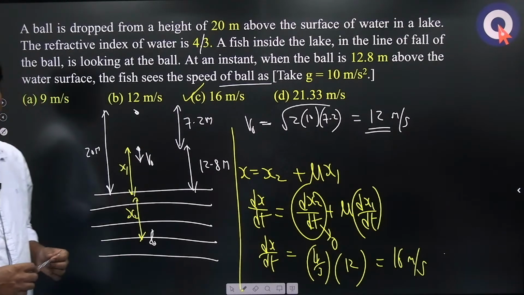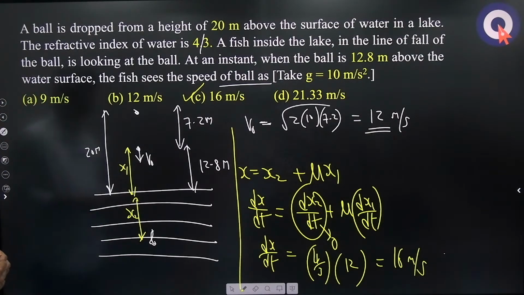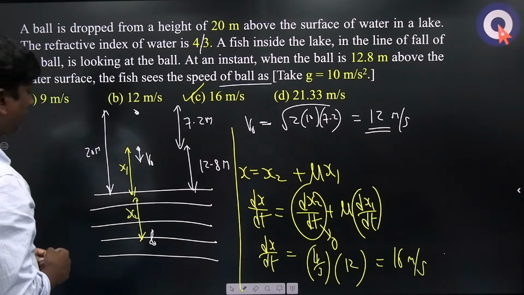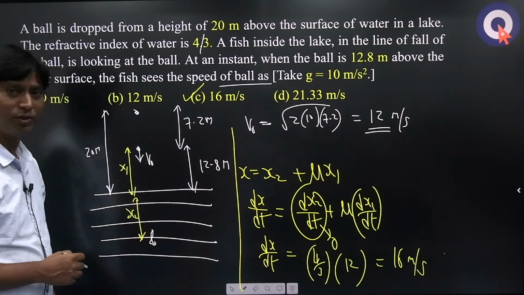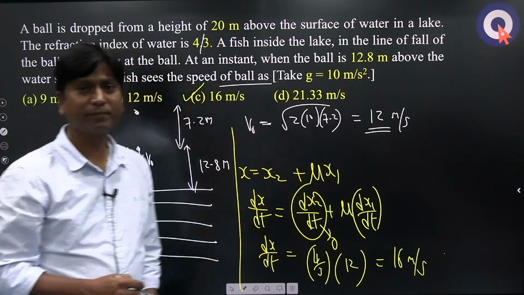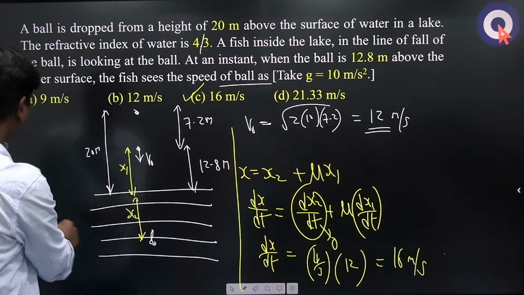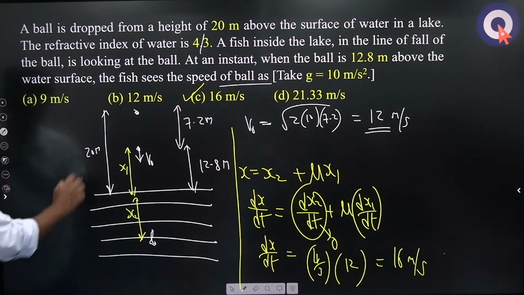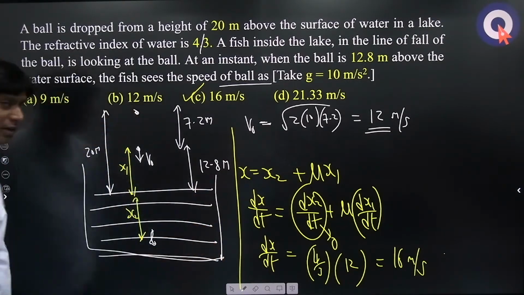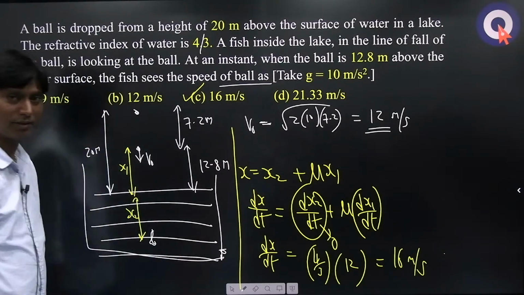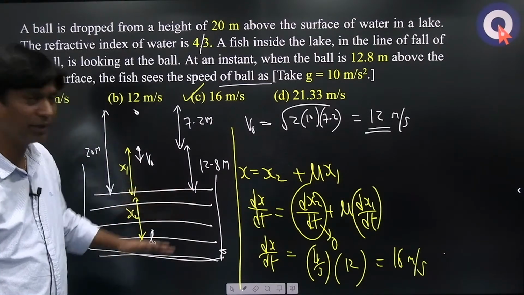Now here some more modifications to this question can be made by adding the speed of the fish also. Then also it can be taken like, suppose this is completely in a container, and you make some hole in the container so that the water level is dropping down.